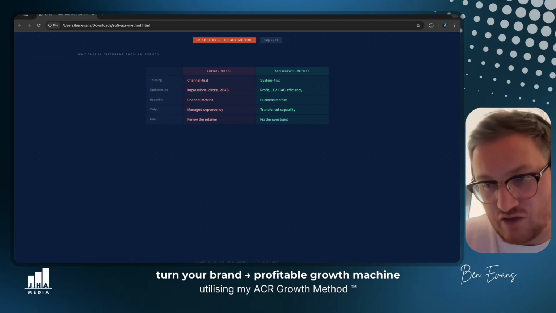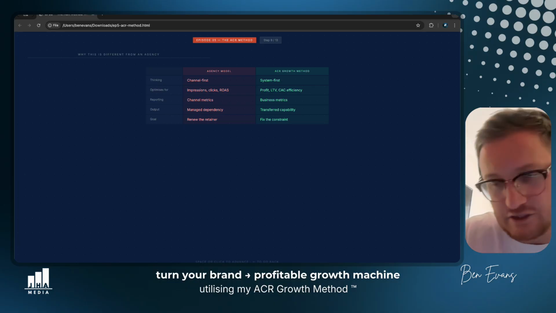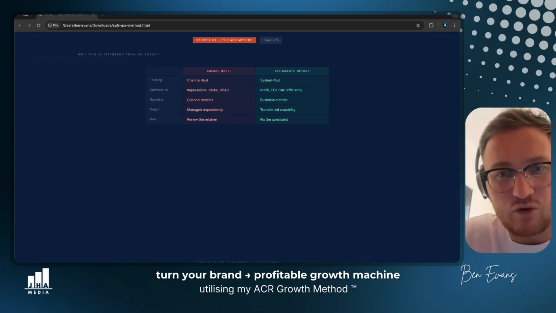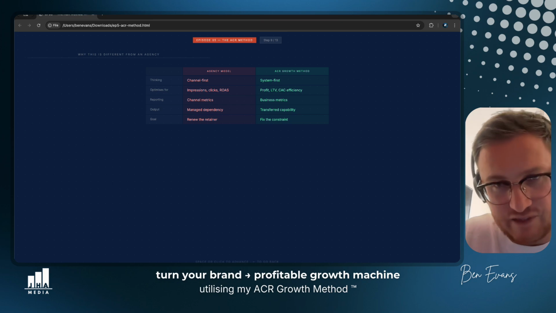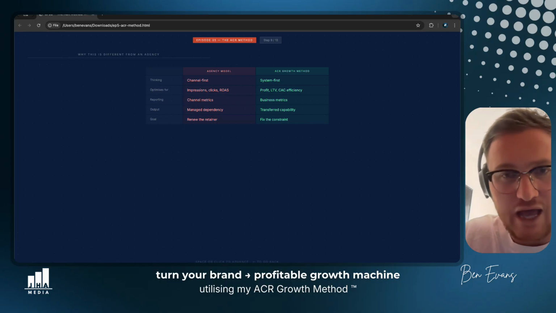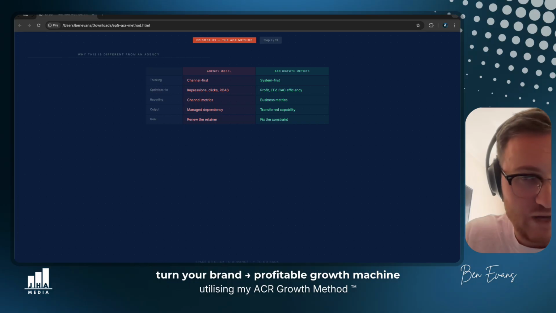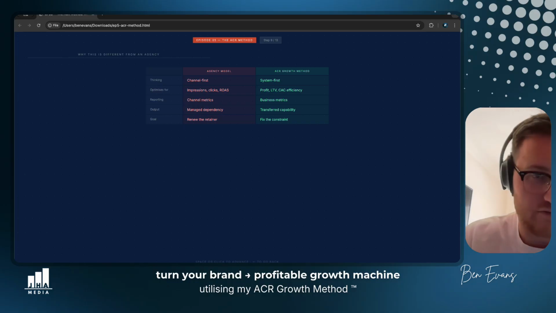They will sell you a service on the principle of delivering those results for you. However, what they will not deliver is profitability, increased lifetime value, customer acquisition efficiency. Those three fundamental metrics are what makes your business profitable and makes your business far easier to grow and sustainably grow in this current climate.